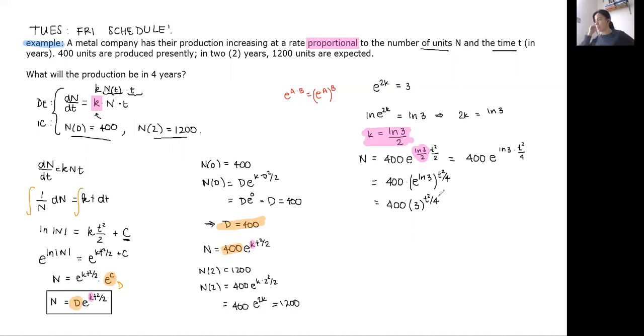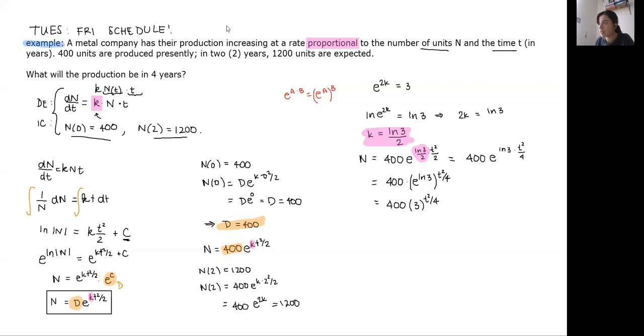Do I have any questions about this, or does that make sense? Question? How come it just becomes 3? Same thing as here. We have e to the power of ln of n is equal to n. Here, e to the power of ln of 3 becomes 3, right? So we have always that.